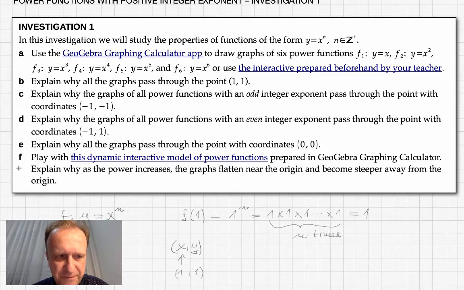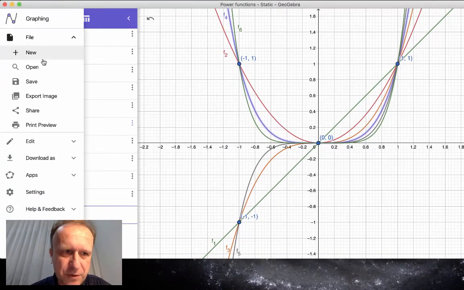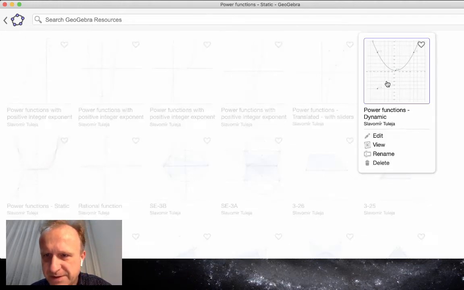Okay, now the last part of this exercise, part F, play with this dynamic interactive model. If you click on it, you should get a different model. So I will try to open it from this window, and it should be this model here.